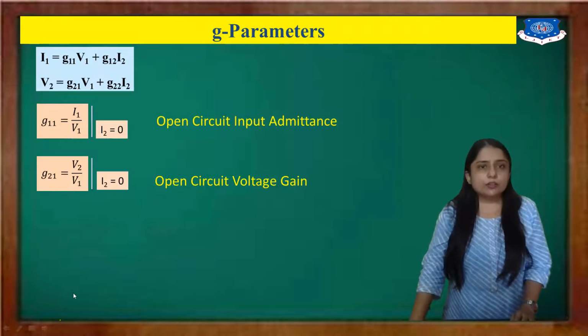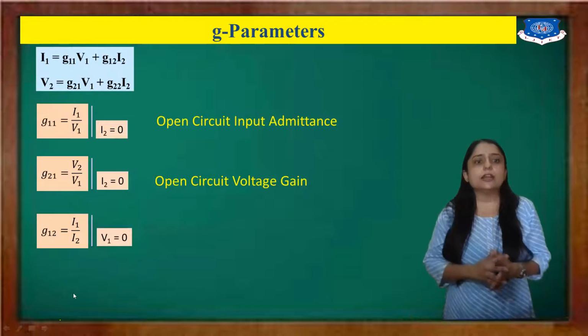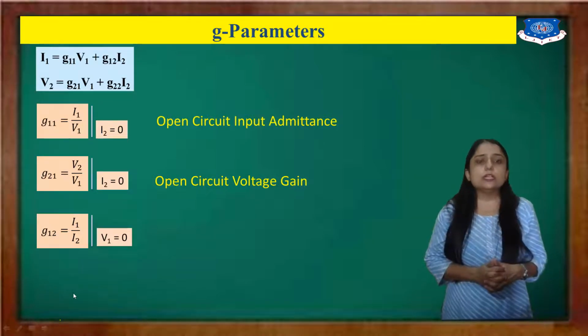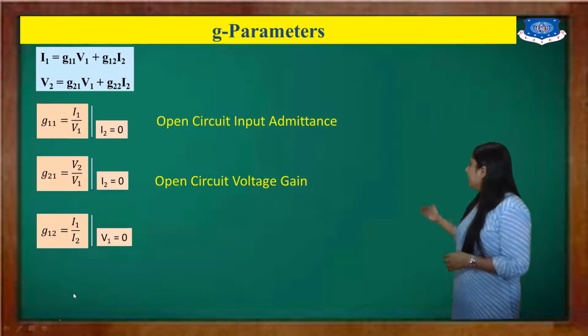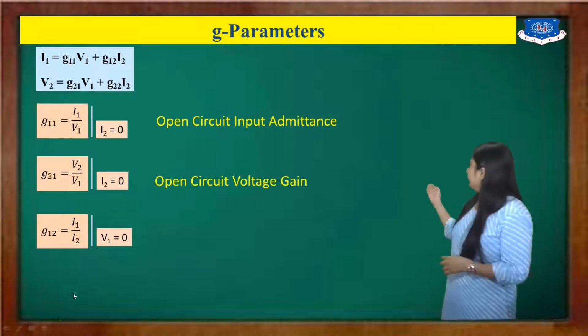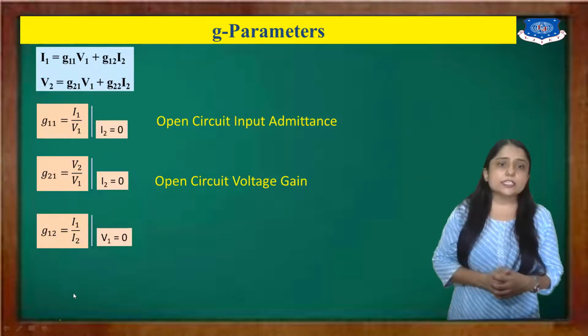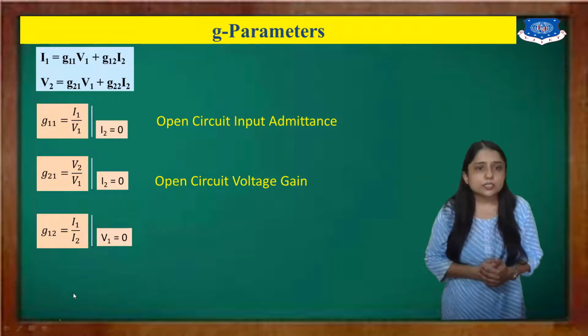Now, if I take V1 equal to 0, then I will get the value of G12, that is I1 divided by I2. Here V1 equals 0, voltage is 0, which means a short circuit.